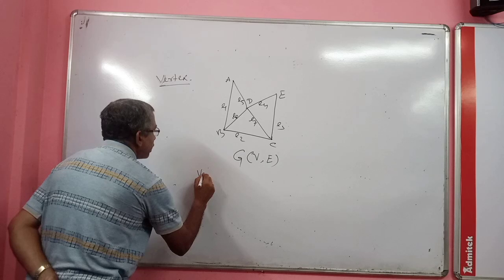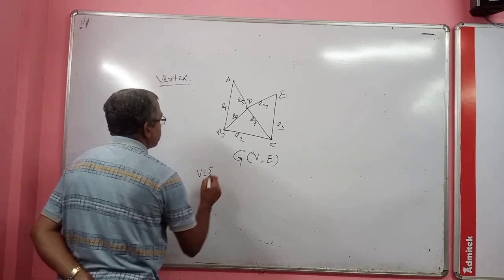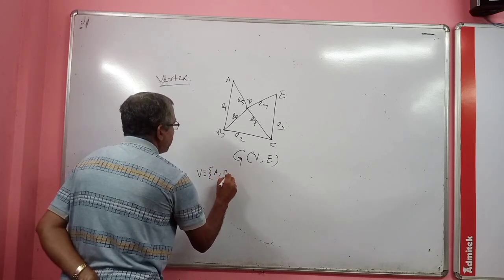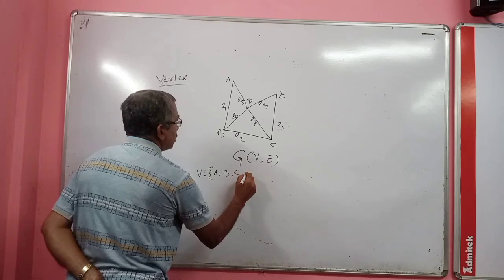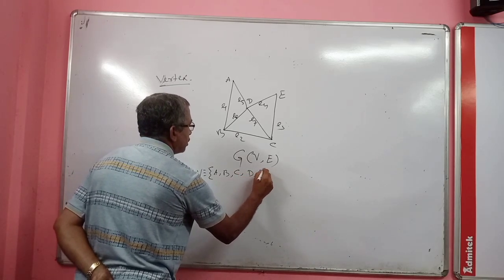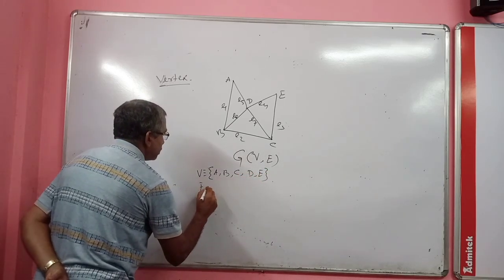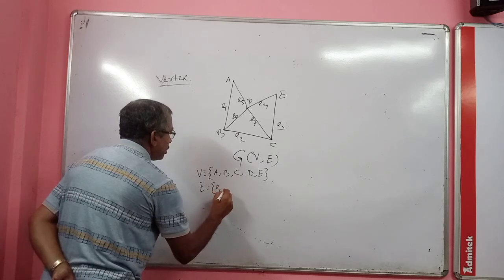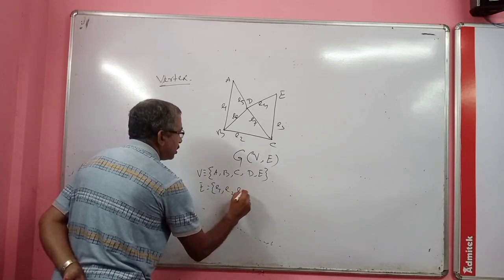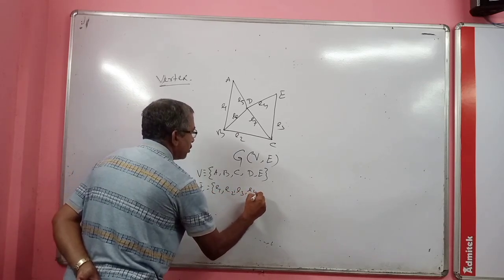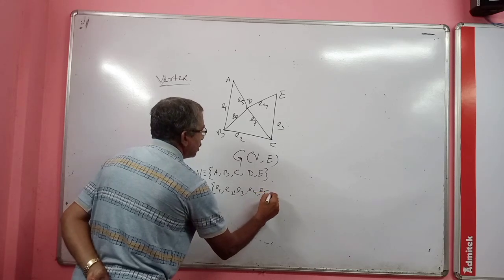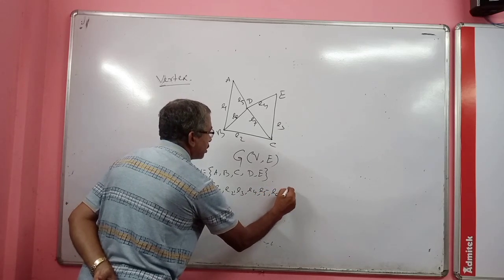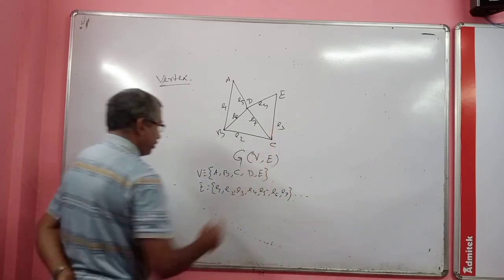So the vertex set is A, B, C, D, E. The edge set is E1, E2, E3, E4, E5, E6, E7, etc. Right?